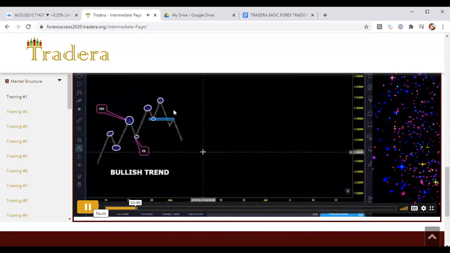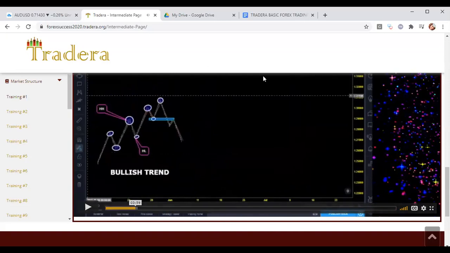Now, if you guys went to a chart and you saw a bullish trend, you would be able to look at it as it's going up. Let's say you came to the markets and you see that it is in an uptrend. You know where the market structure breaks are, so you would just follow them up until you get to your recent one, and you would use it to determine if the market is still bullish or bearish.